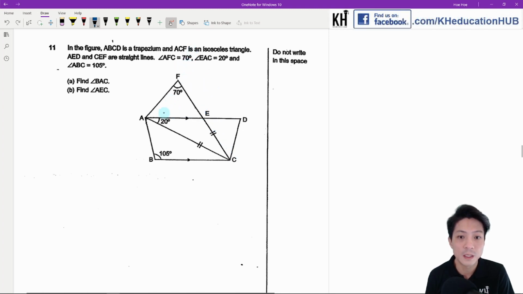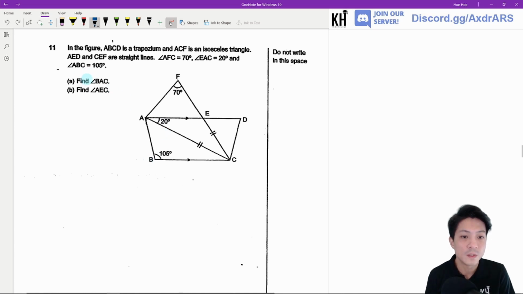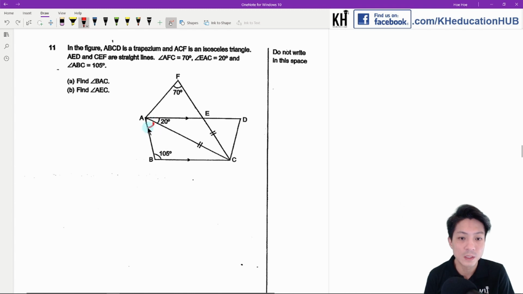AFC is 70. 20 is also marked, and the 105 is also marked. First I need to find angle BAC. Let me mark it out. BAC is here. And next I need to find AEC.